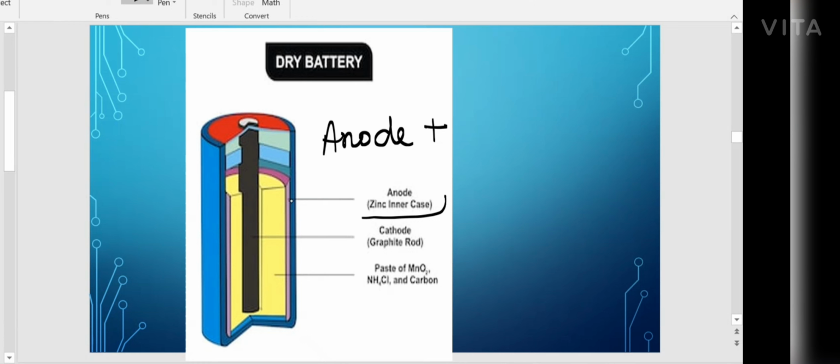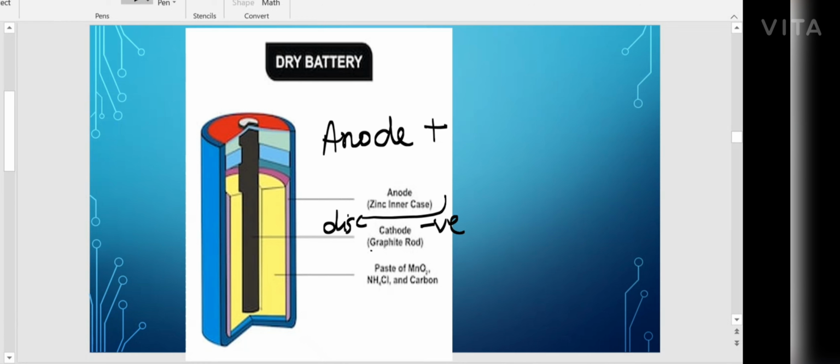You can see the zinc, the purple or violet color indicates the zinc. This is connected to the positive terminal of the battery, and the next one, the disc side, is connected to the negative electrode of the battery, that is called the cathode.